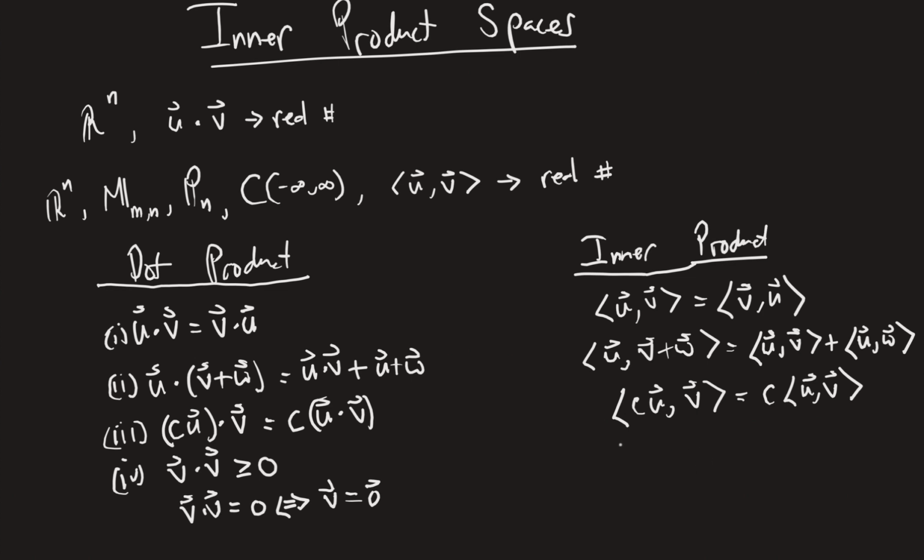And then the last one is basically saying that the inner product of a vector and itself is always non-negative, right? And the inner product of a vector with itself should come out to be 0 if and only if that vector is the 0 vector, right?